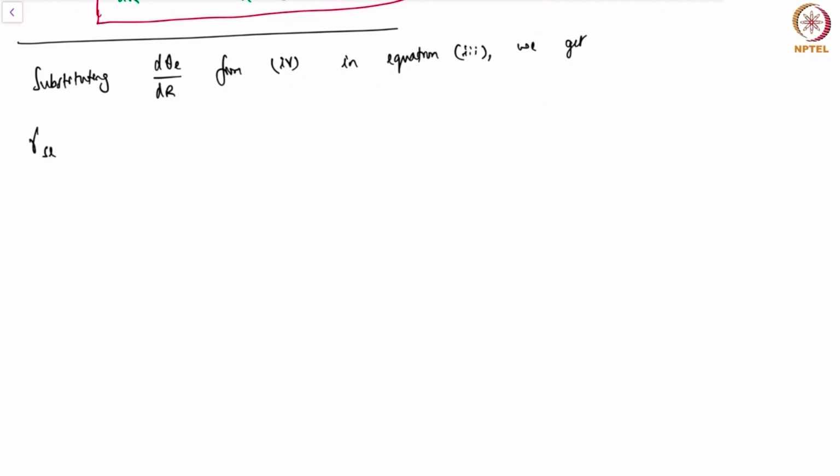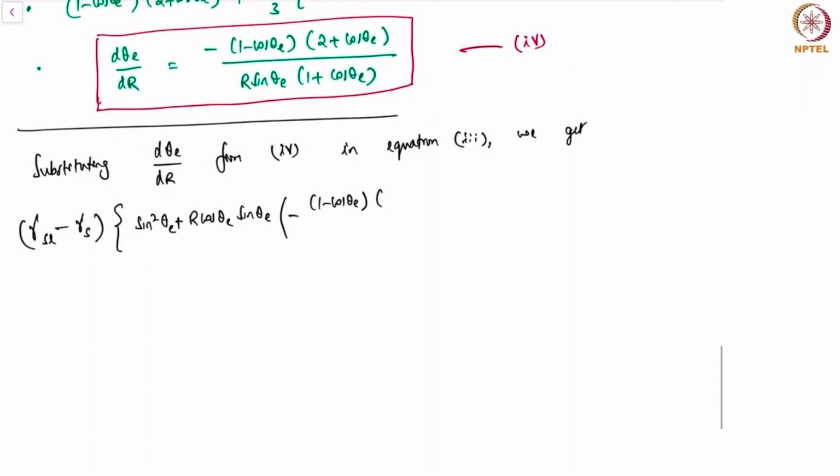Gamma SL minus gamma S times sine square theta plus r cos theta e sine theta e times d theta by dr. D theta by dr is nothing but minus 1 minus cos theta e times 2 plus cos theta e divided by r sin theta e times 1 plus cos theta e.